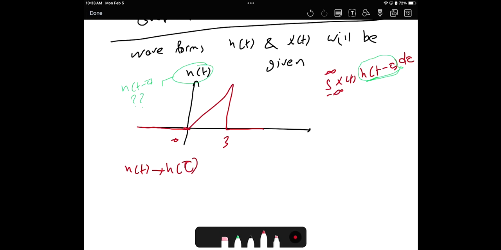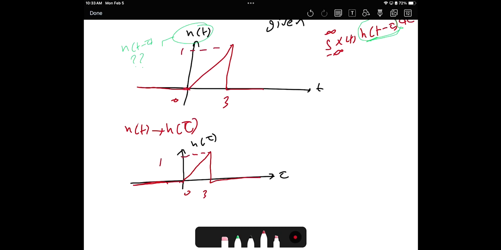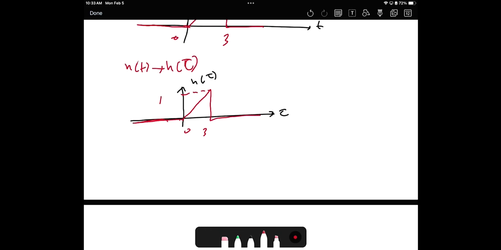Just convert the variables. So the function of t will be a function of tau. Just changing the variables. So here is h of tau. Then the same thing, no change in the function. So here is 0, 3, and this is 1. Then what we will do next, in order to get t minus tau, is convert h of tau to be h of negative tau.